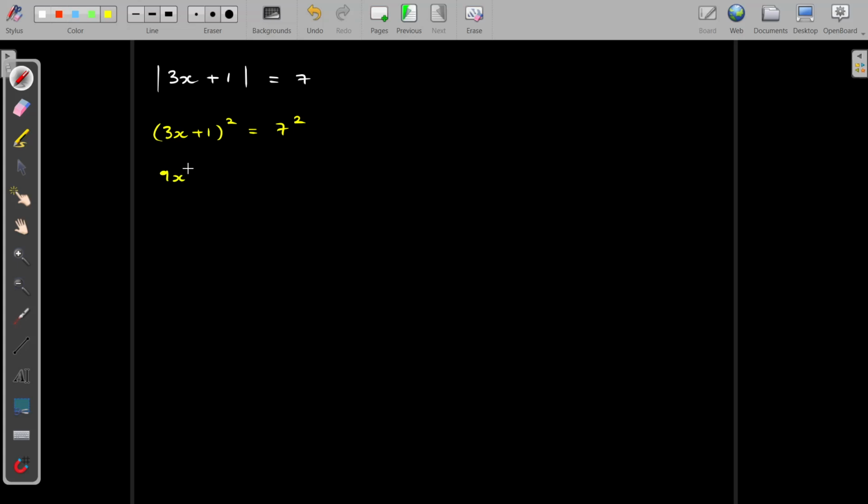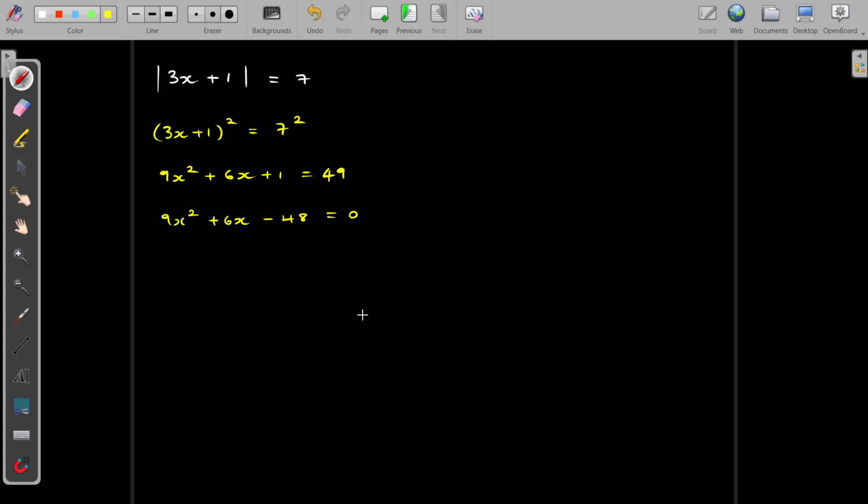So 9x squared plus 6x plus 1 equals 49. So this is 9x squared plus 6x minus 48 is equal to 0.